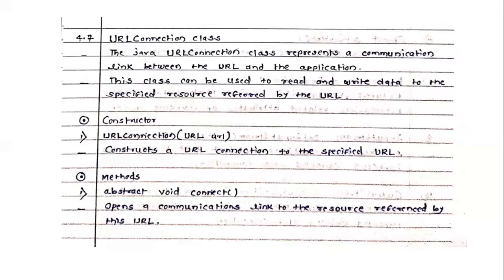Many times we also mention the protocol, that is HTTP, the name of the host, the port number, the file name, etc. in that URL. So the URLConnection class represents the communication link between the URL and the application. This class can be used to read and write data to the specified resource referred by the URL.